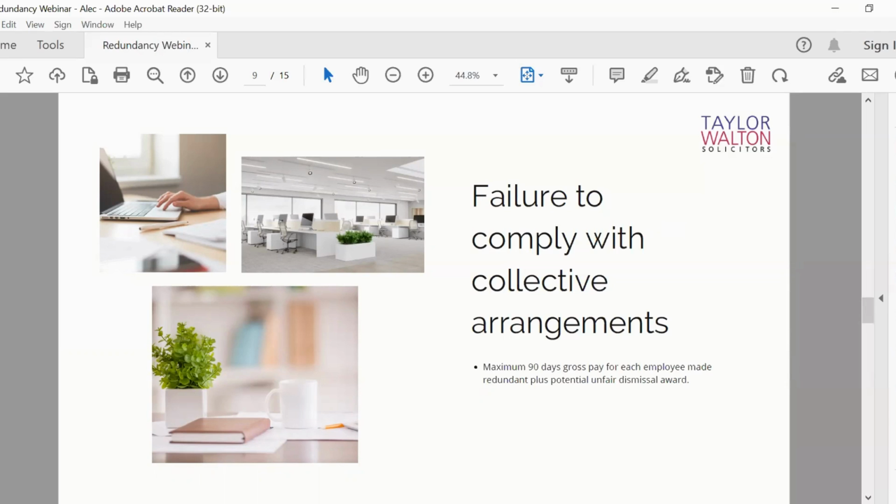So it is important to get this right and have a plan in place where there's going to be 20 or more employees. What I would recommend to clients is that they set out a timetable to follow where this will apply.